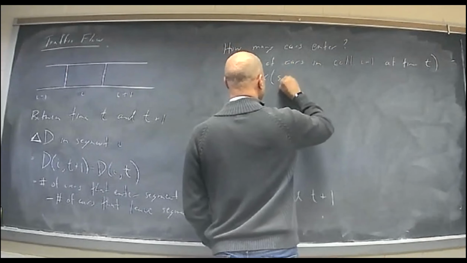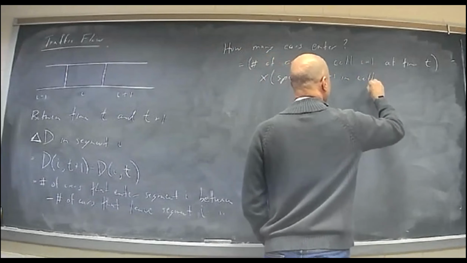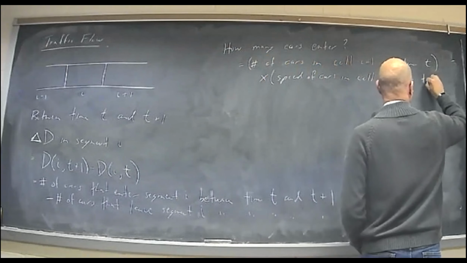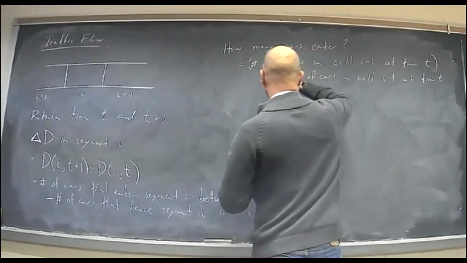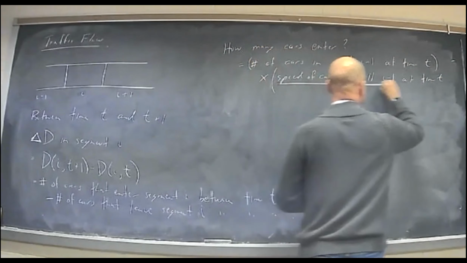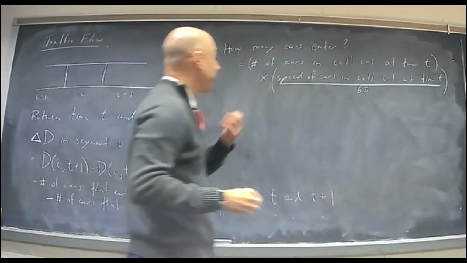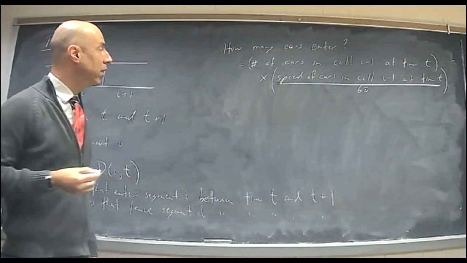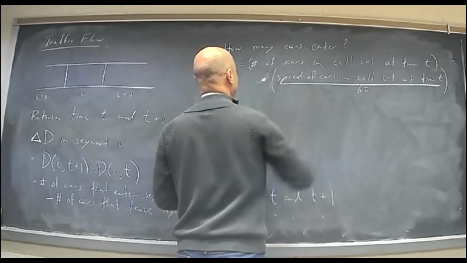So the speed of cars in cell i minus 1 at time t. That's in miles per hour, but I want this in miles per minute, so I have to divide by 60. Let me change that times sign to a dot.